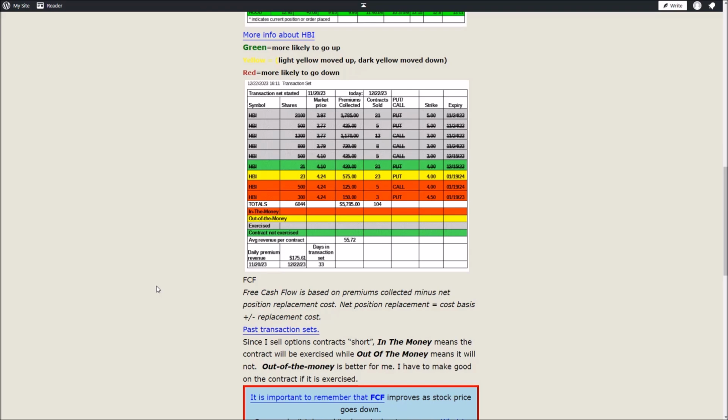So I'm happy if I end the year with 15% free cash flow, I'm good with that. I don't know of any other legal investment I could make that would be so profitable. So at any rate, I just thought that should be explained.